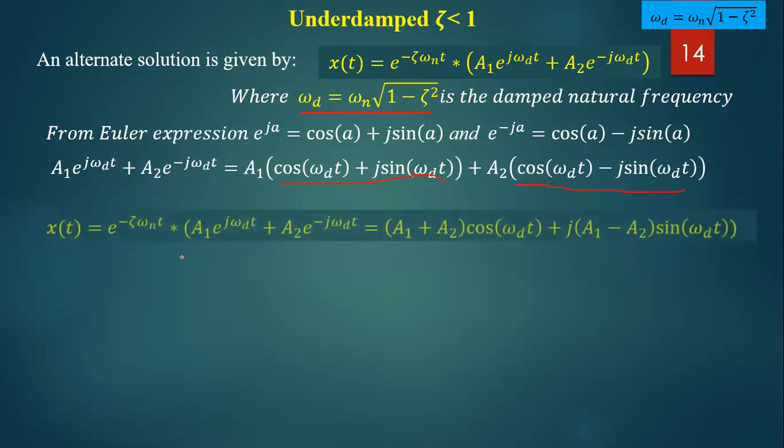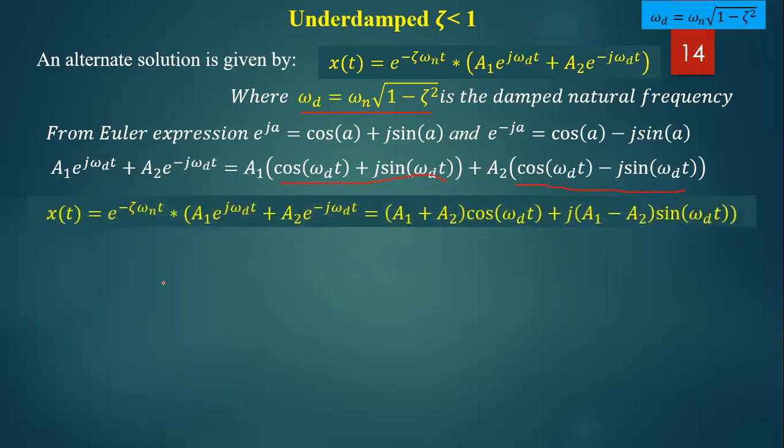Now substituting these values into the equation and rearranging the cos terms and sine terms together. Here a1 cos omega d t, here a2 cos omega d t. We add them up, superposing these two, and we get a1 plus a2 times cos omega d t.